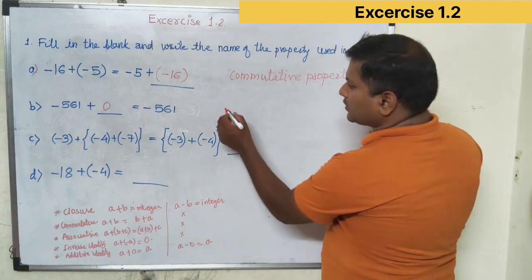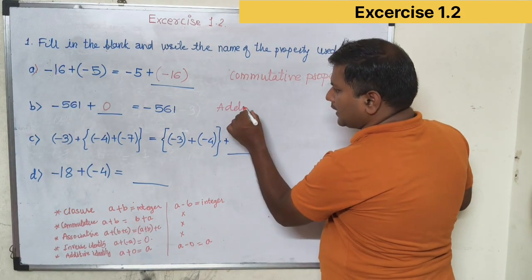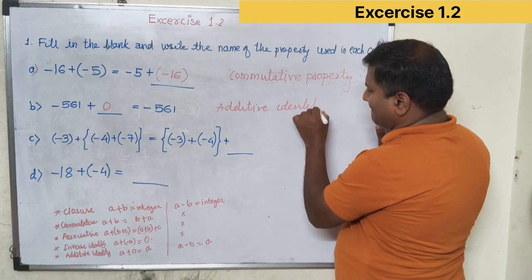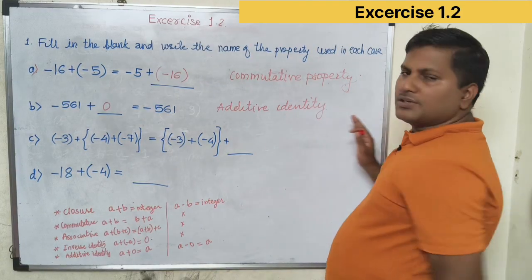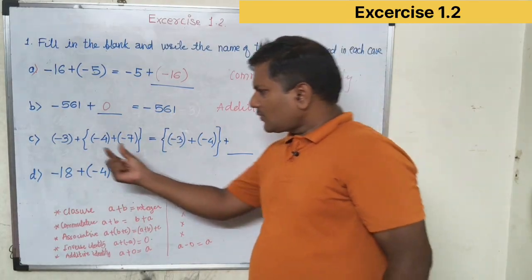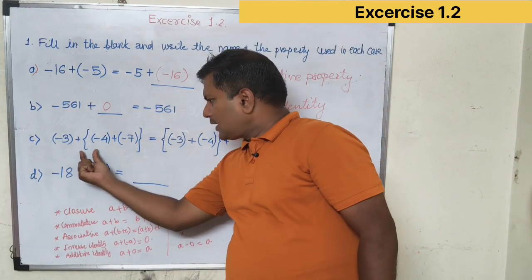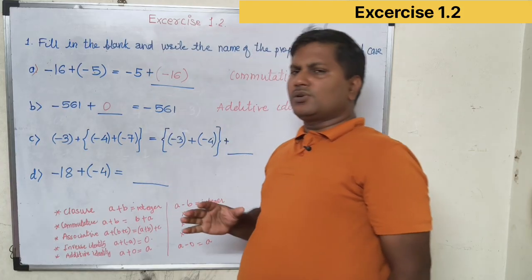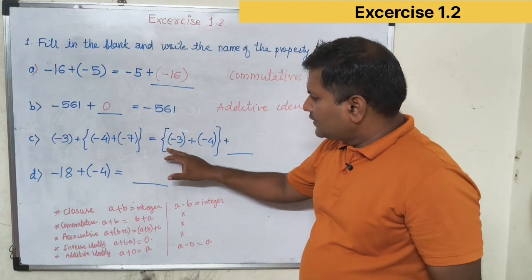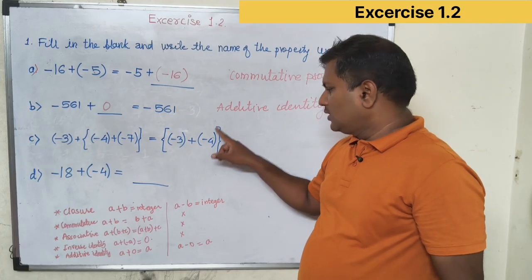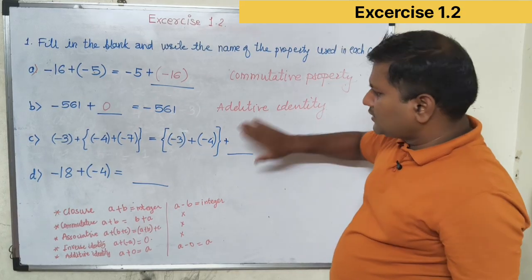So this property is called additive identity. Okay, now see: minus 3 plus (minus 4 plus minus 7) is equal to, so here again bracket minus 3 plus minus 4 bracket complete, and you have to write the rest.